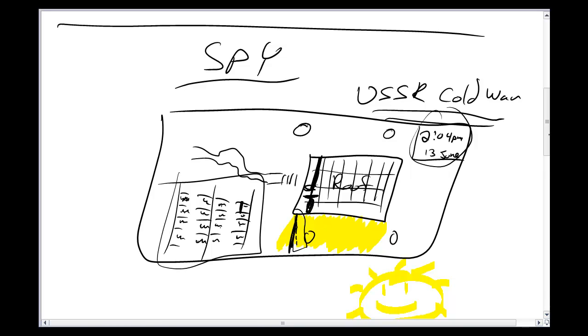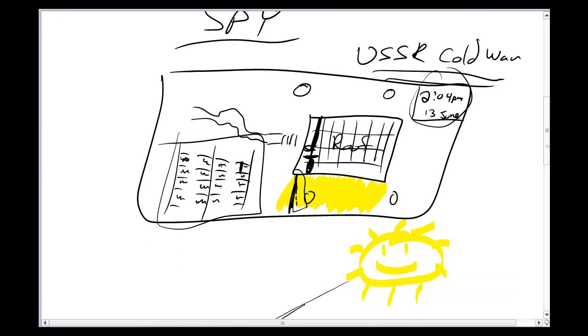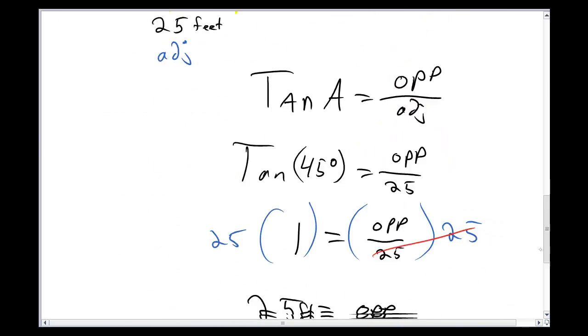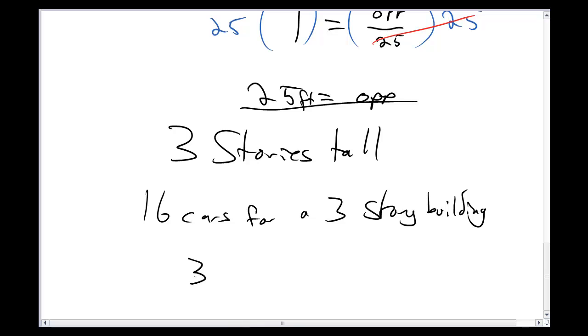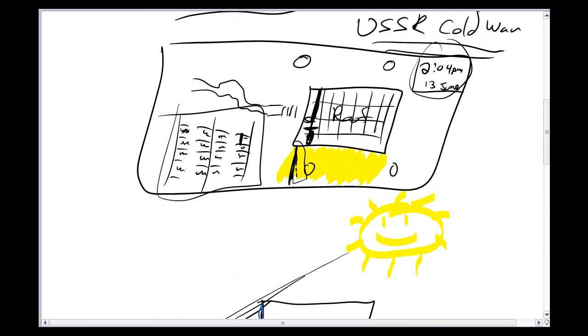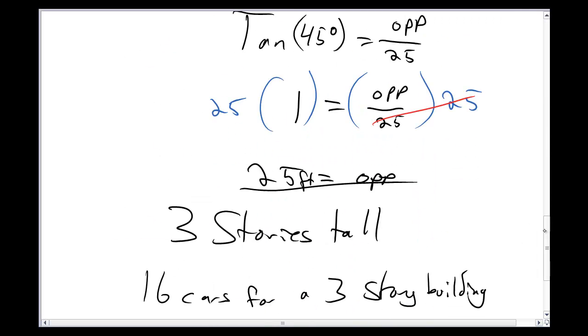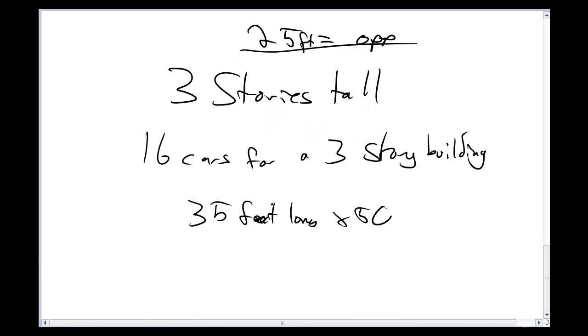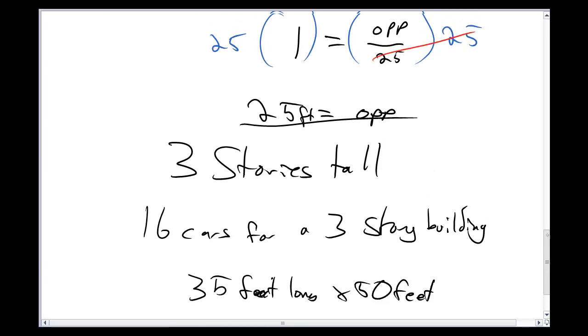So I don't know, maybe this is a 35-foot long building. I can know something about the roof. 35 feet long. I could figure out how wide the roof is. I don't know, maybe that looks almost like double this. So that's going to be 50. 35 by 50.